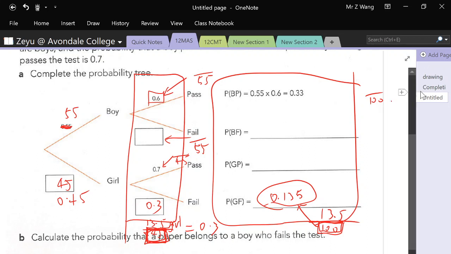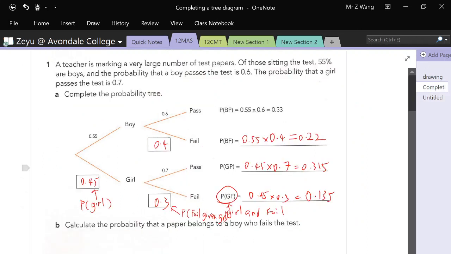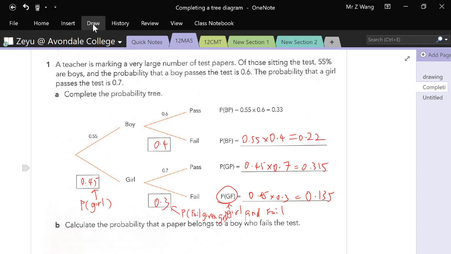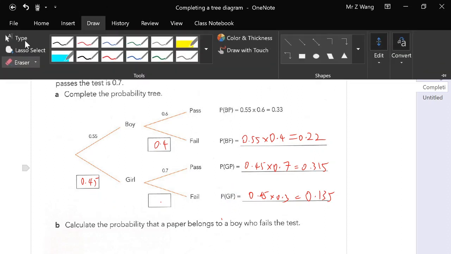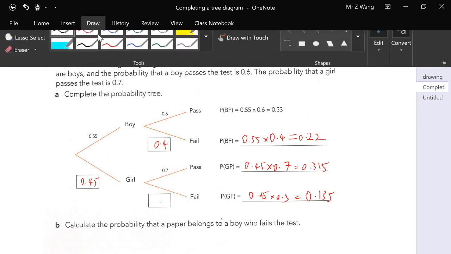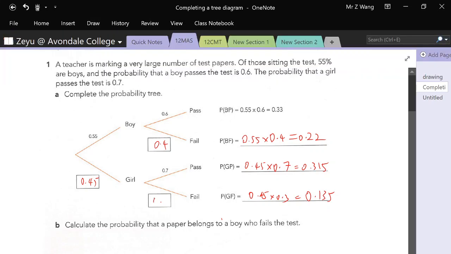Now, the next thing you have to understand is all this language. So let's look at the language. The first one is asking to calculate the probability that a paper belongs to a boy who fails the test.